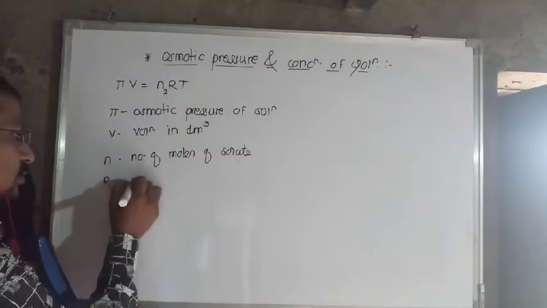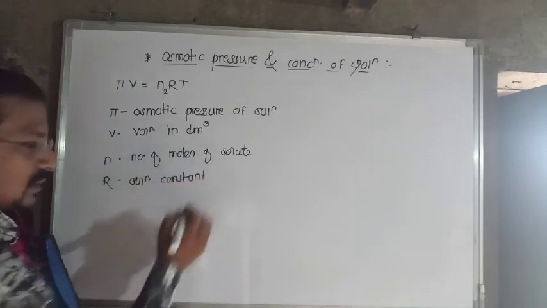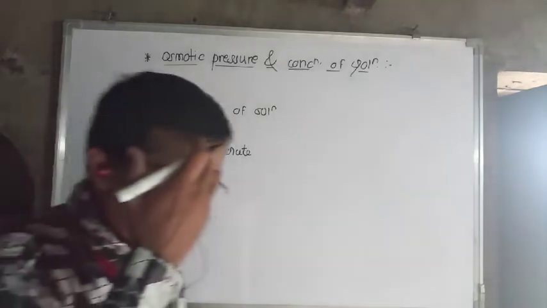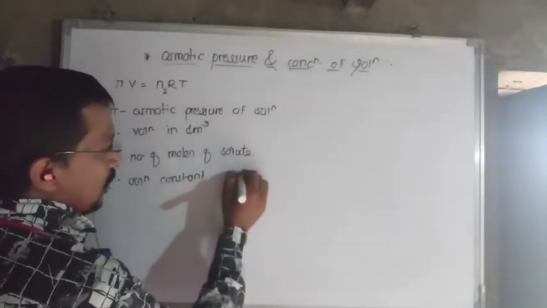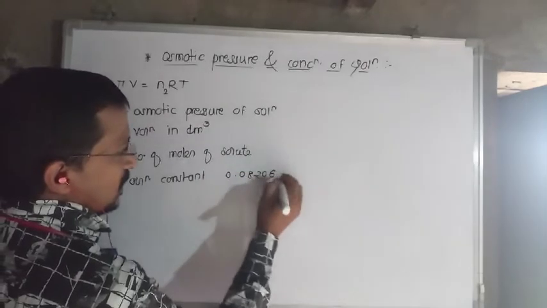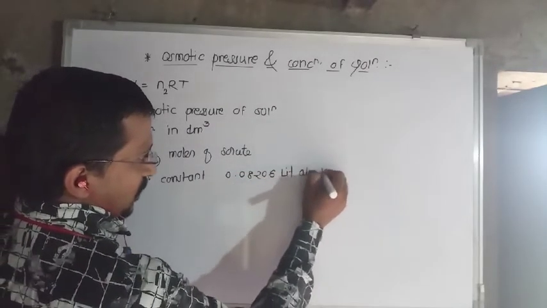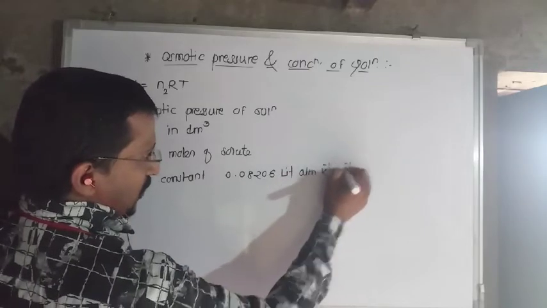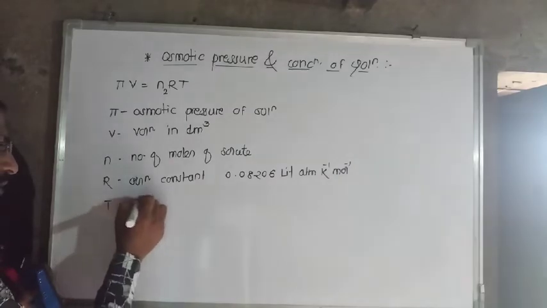R is the solution constant, also called the gas constant. It has similar values: 0.08206 liter atmosphere per Kelvin per mole, or instead of liter, dm cube is taken, and T is the temperature.